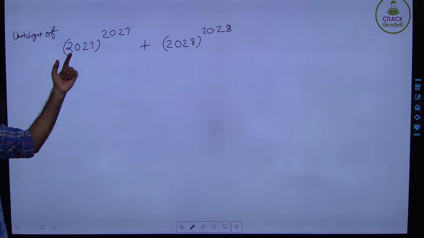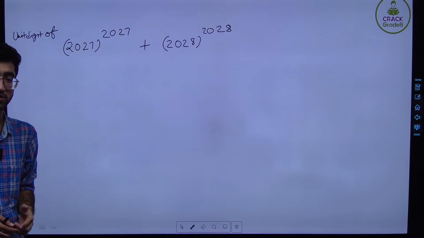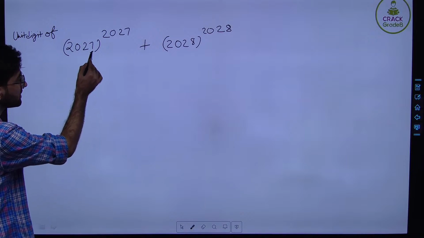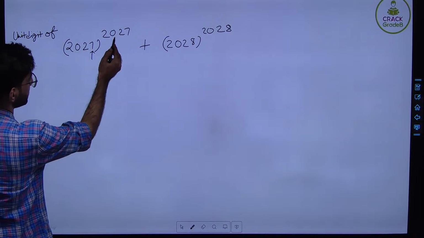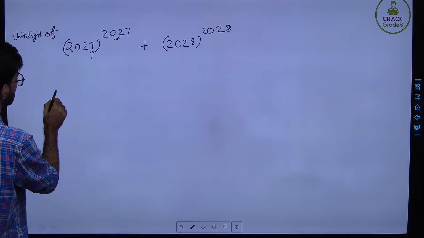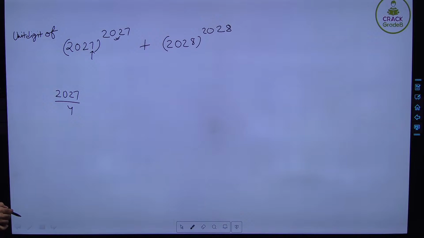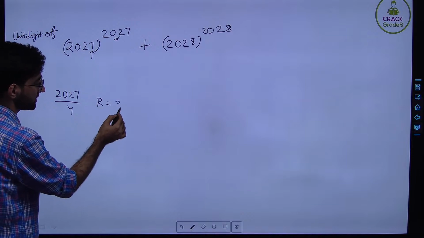See, if you have to find the unit digit of 2027 to the power 2027, means you only have to look at this 7. What is the cyclicity of 7? 4. If the cyclicity of 7 is 4, means you have to divide this 2027 by 4, right? And if you divide 2027 by 4, you will get remainder 3.